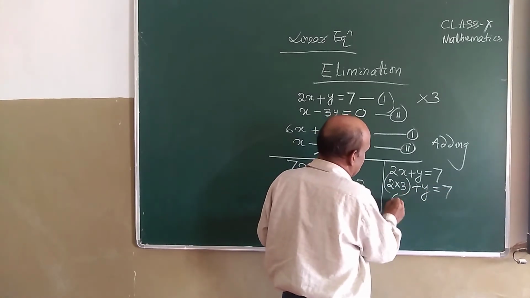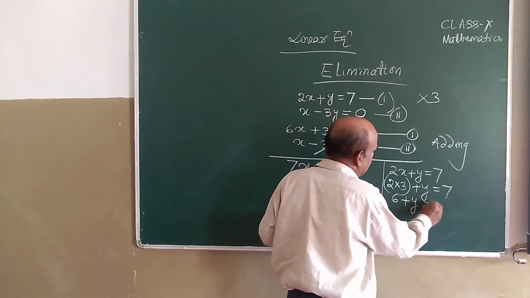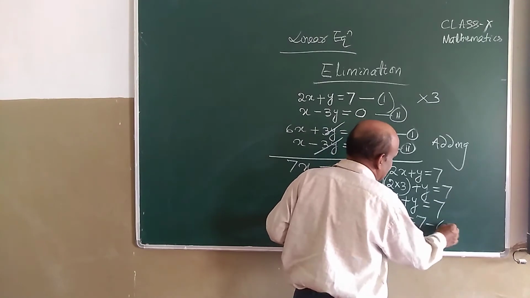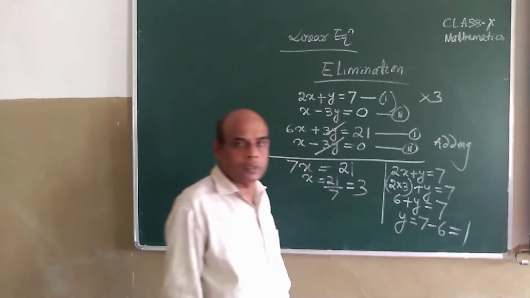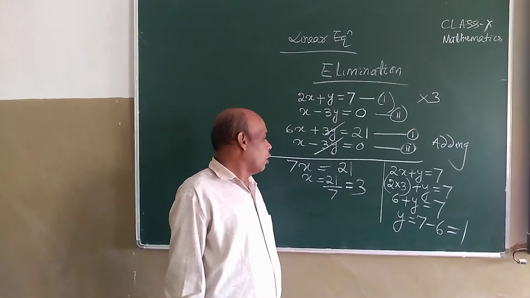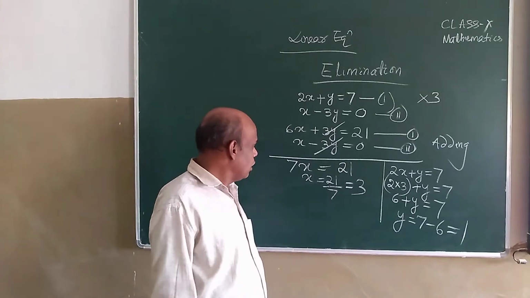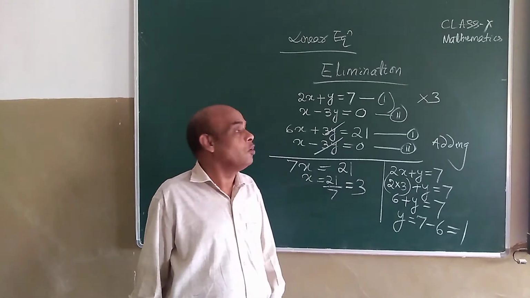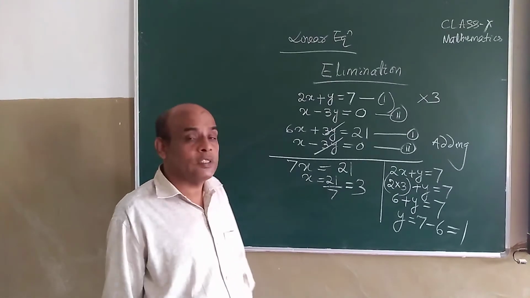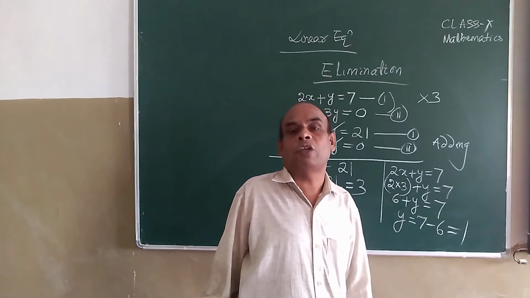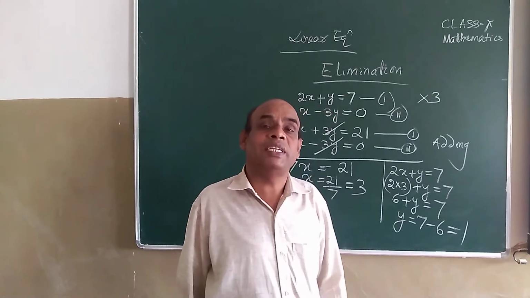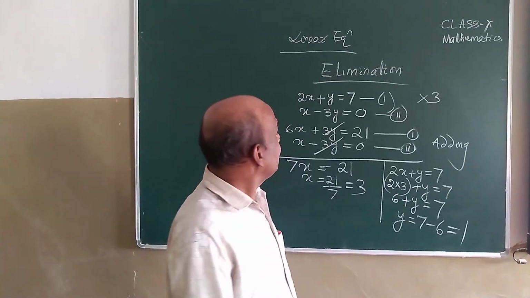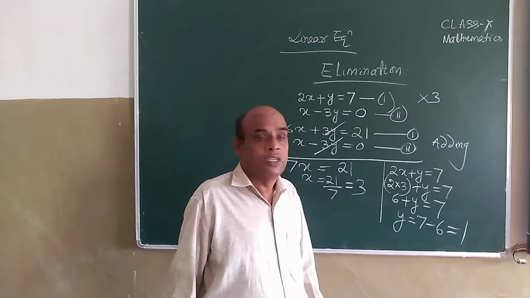So 6 plus y is equal to 7, and y is equal to 7 minus 6, that is 1. So you got the solution: x is equal to 3 and y is equal to 1. This type of solving is called the elimination method.